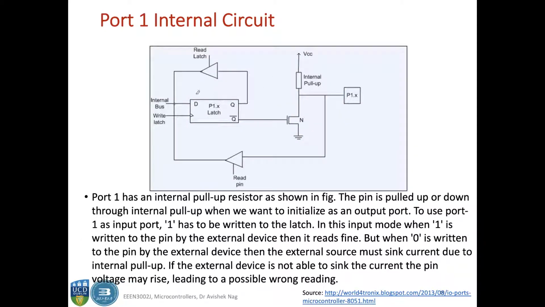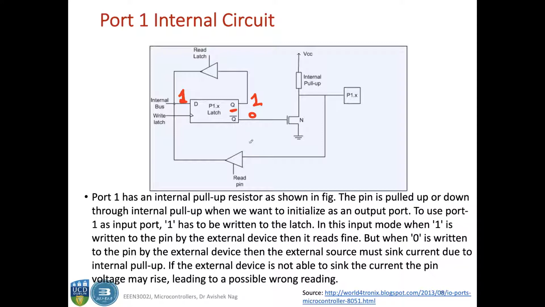Okay, so let's say you have a 1 at the input. Okay, so to make this port a read port, you have to place all ones on this port. So let's find out the reason. So let me put a 1 here. So this is for one of the pins, and this is true for all the pins. So when you put a 1, the output Q of this D latch is 1 and the Q bar is 0.